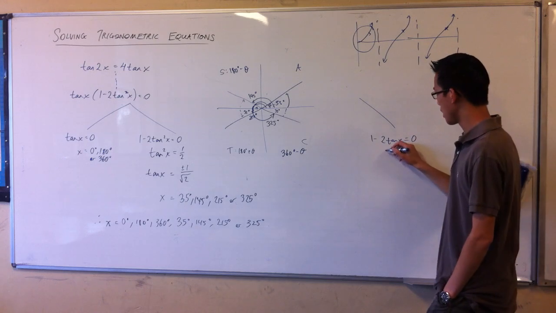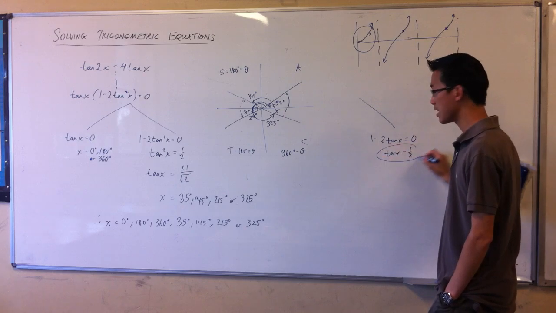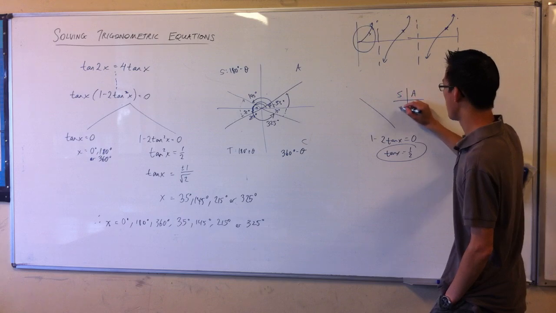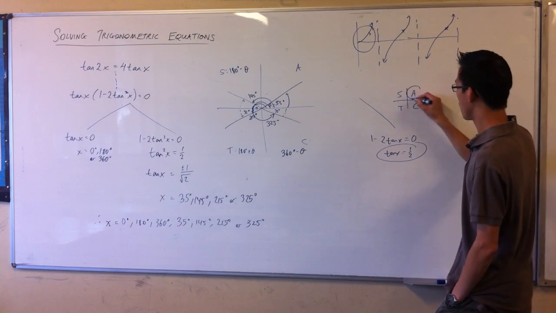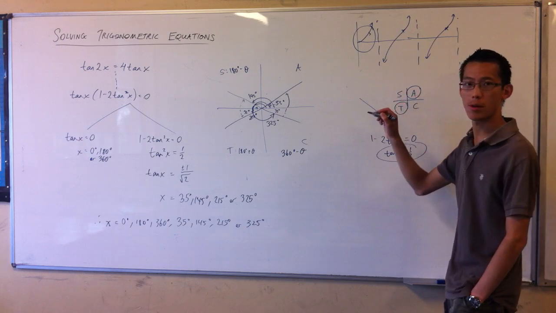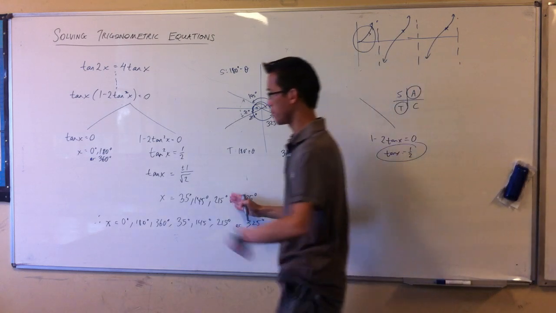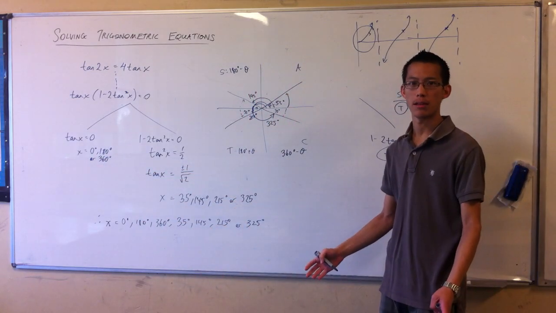When I'm solving this, I've got tan x is equal to a half. So seeing as tan is positive, again, when you come back to your diagram, you have to disregard some of the quadrants, right? So tan x is positive, so first quadrant and third quadrant will be where my answers are, okay? So watch out for that, and then once you've got all of your answers, you can conclude with all of them in one place, okay?